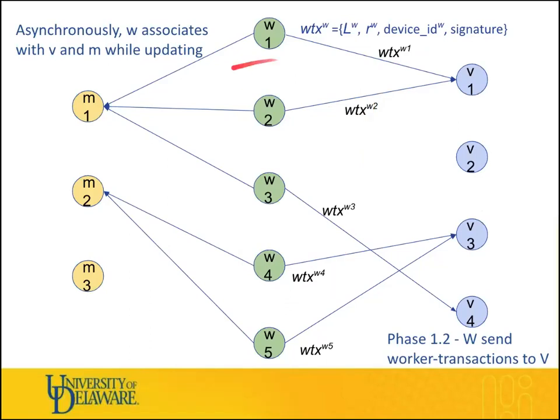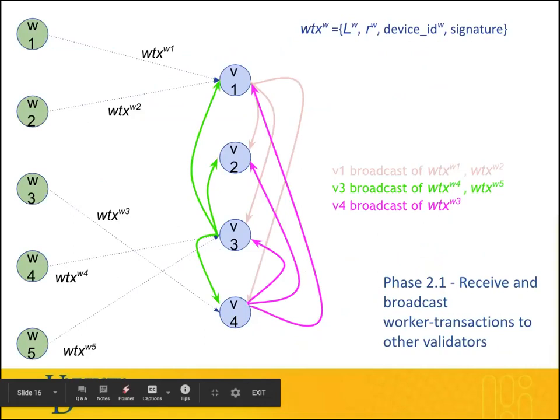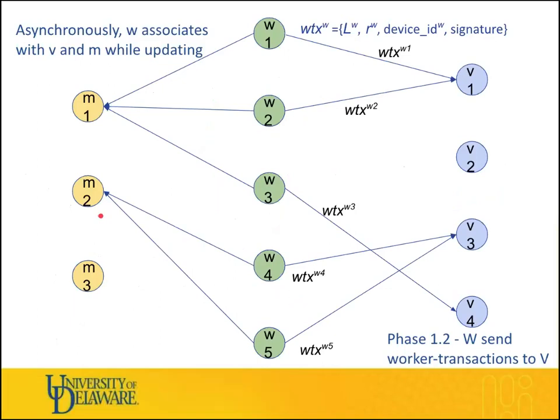On the miner side, let's assume W1, W2, and W3 are associated with M1. W4 and W5 are associated with M2. So W1, W2, and W3 will receive the legitimate block from M1. And W4 and W5 will receive the legitimate block from M2. Okay.